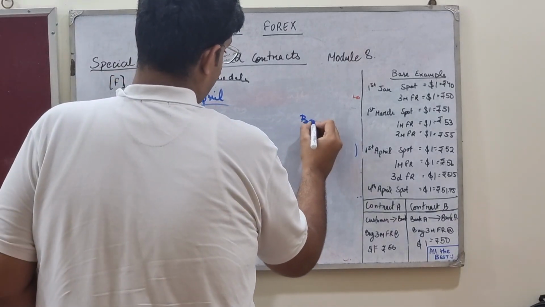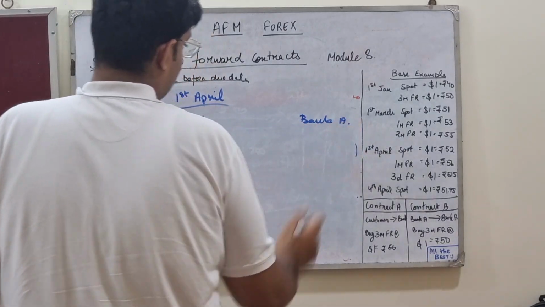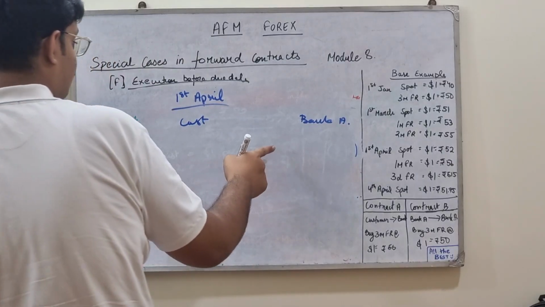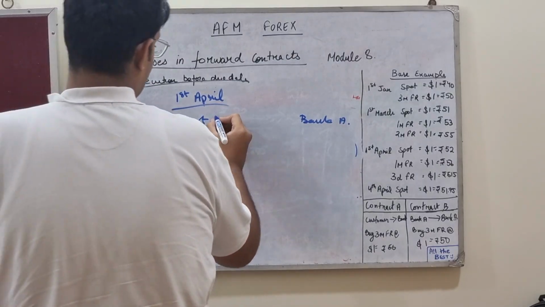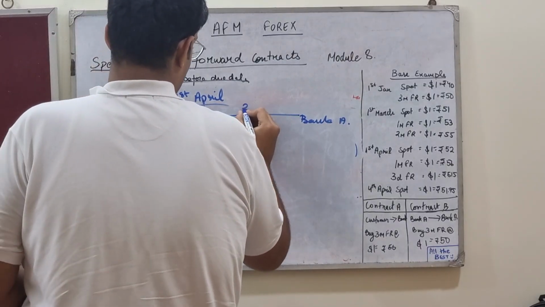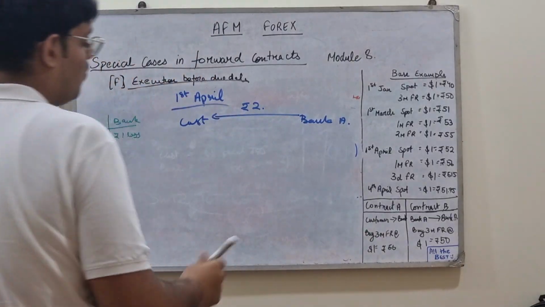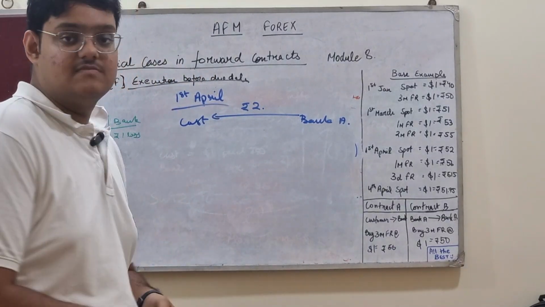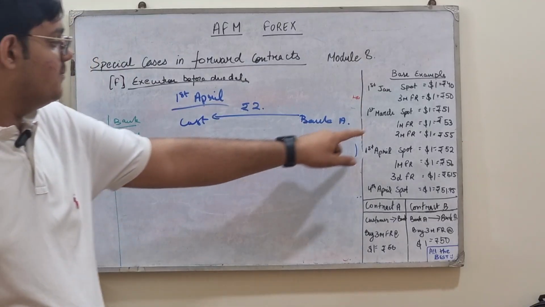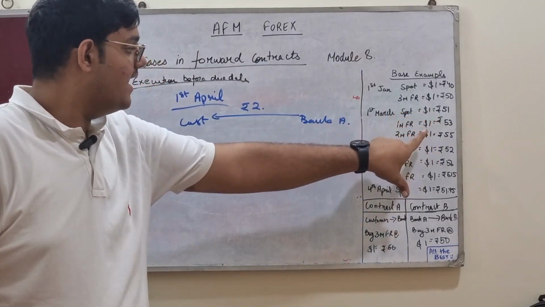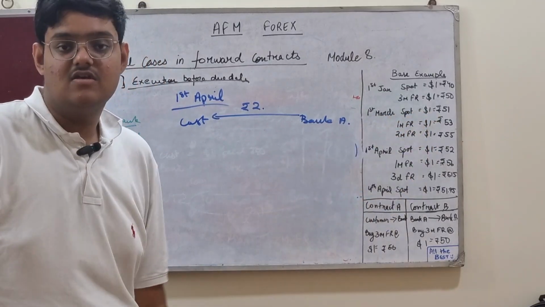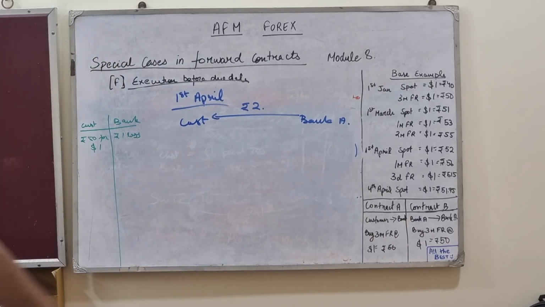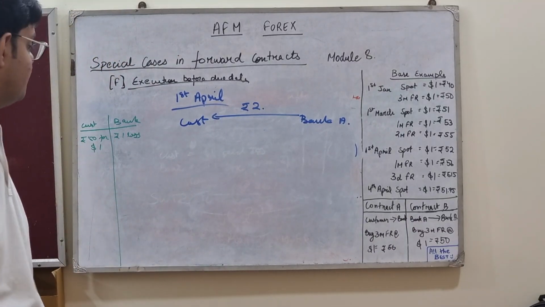Bank A will give the customer 2 rupees, remember? Rupees 2, because that was the profit of the customer, the swap gain. Remember, because we bought at 51 and we sold at 53. So swap gain was rupees 2. So bank will give it to the customer.